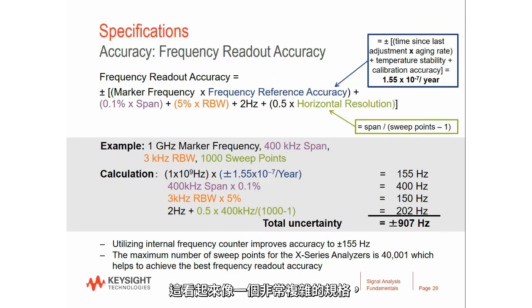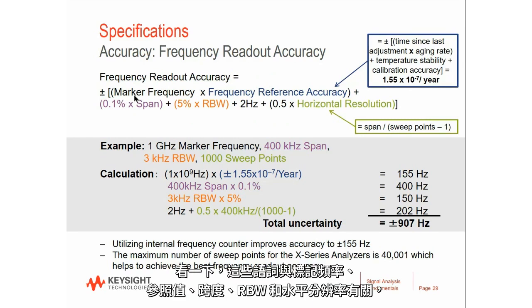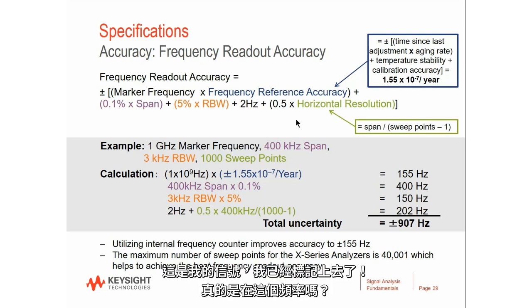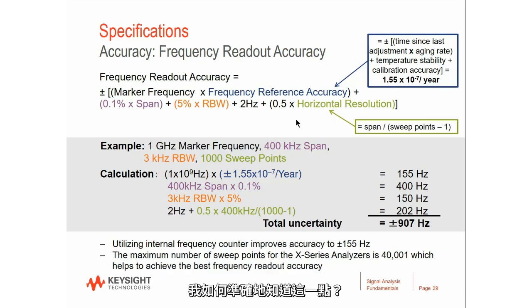This really looks like a very complicated spec. Look, it's got these terms that have to do with the marker frequency, the reference, the span, the RBW, and the horizontal resolution. All these different factors contribute to the accuracy of, hey, is my signal that I've got the marker on, is that really at this frequency? How accurately do I actually know that?